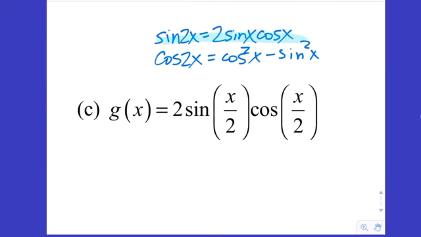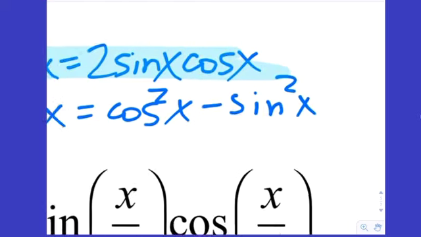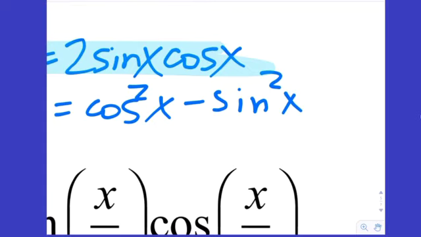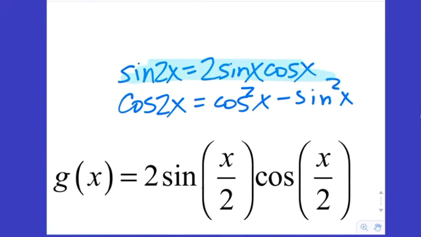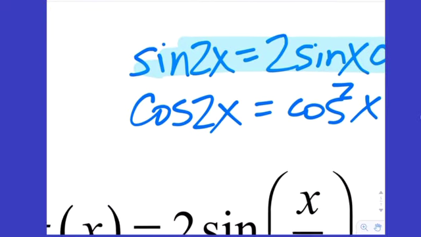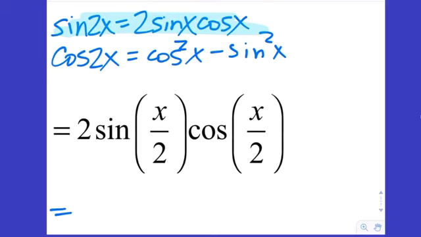Well, if I can match the form up, I can rewrite g of x. So let's do that. This is really 2 sine of blob cosine of blob. X could be anything. And if I can recognize 2 sine blob times cosine blob, it's equal to sine of twice the blob. So notice I do have 2 sine blob cosine blob.